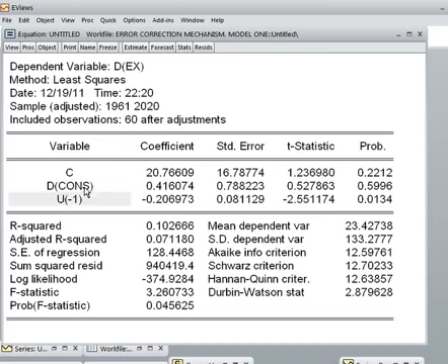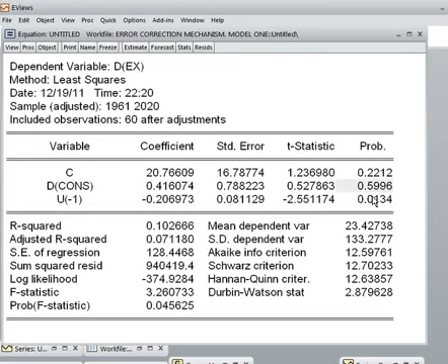Okay, here dcons is what? This coefficient is not the long run coefficient. 0.41 is a short run coefficient. And is it significant? No, because the p-value is 59.96%, which is more than 5%.